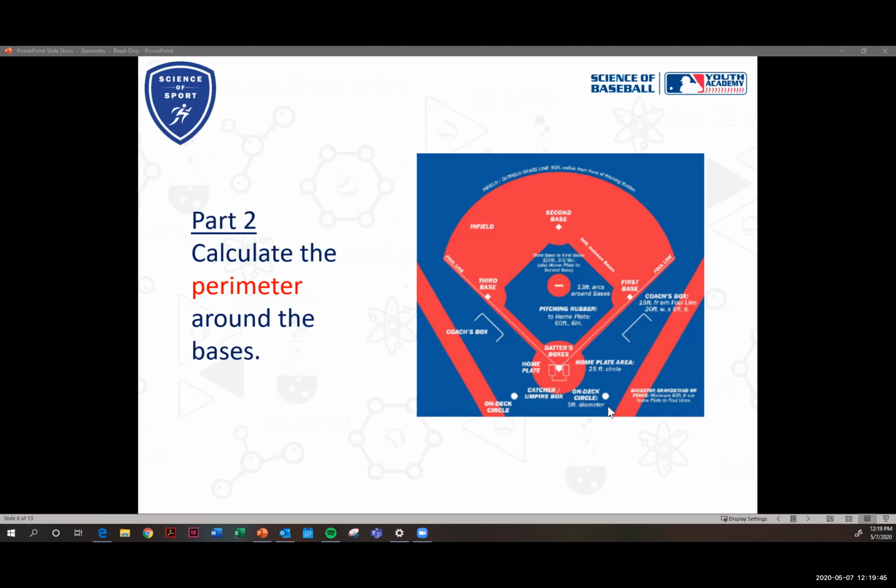The perimeter of the infield, moving from home to first to second to third and then back home. That's correct. It is 360 feet, which is 90 feet times 4.